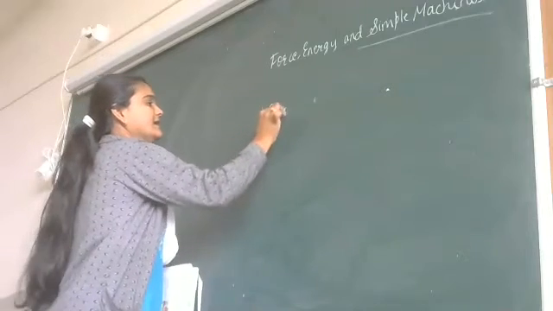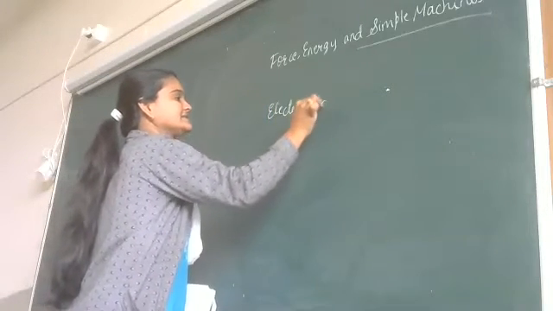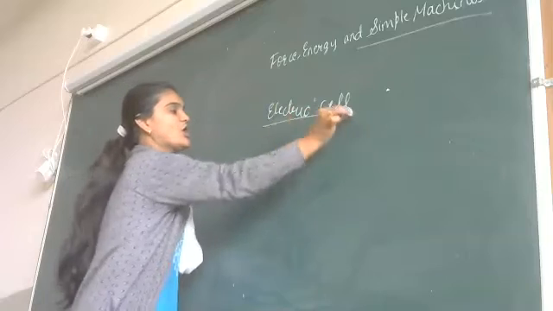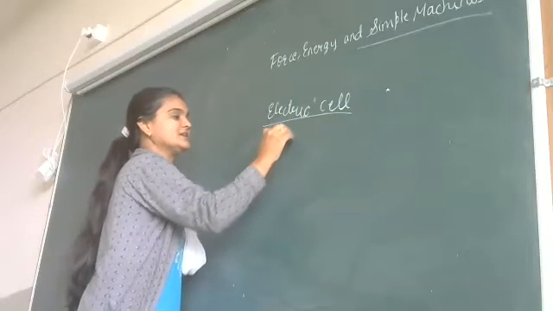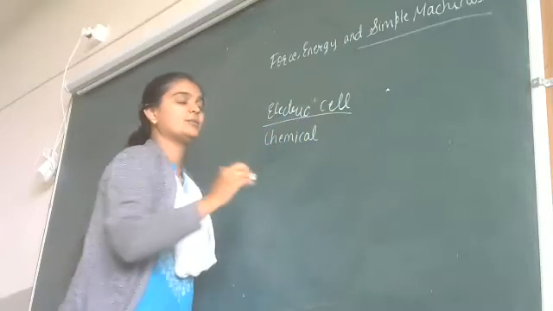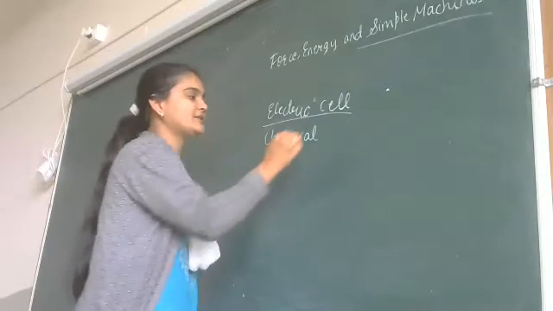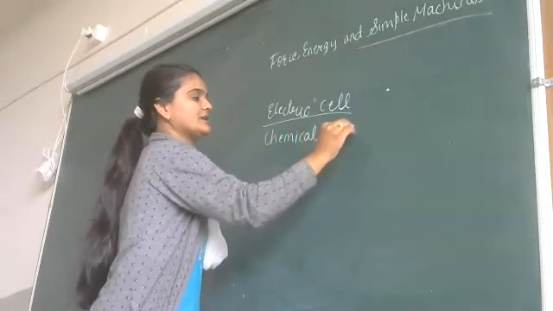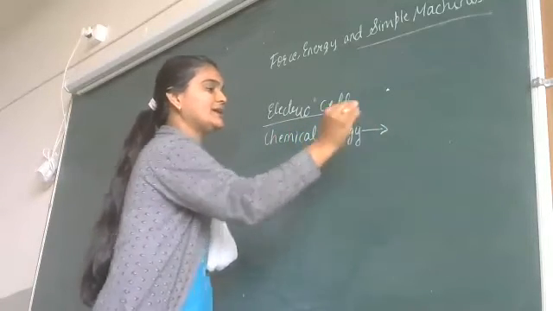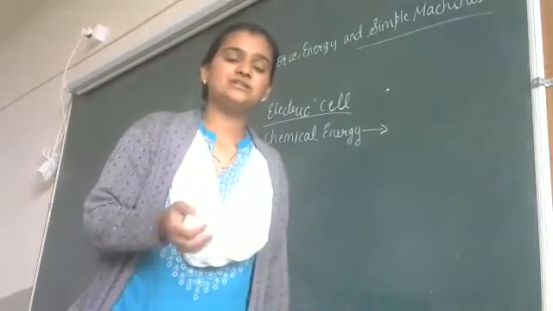Electric energy. The electric cell consists of chemical energy. Here we are studying one form of energy changing into another form. Chemical energy is being transformed into mechanical energy.